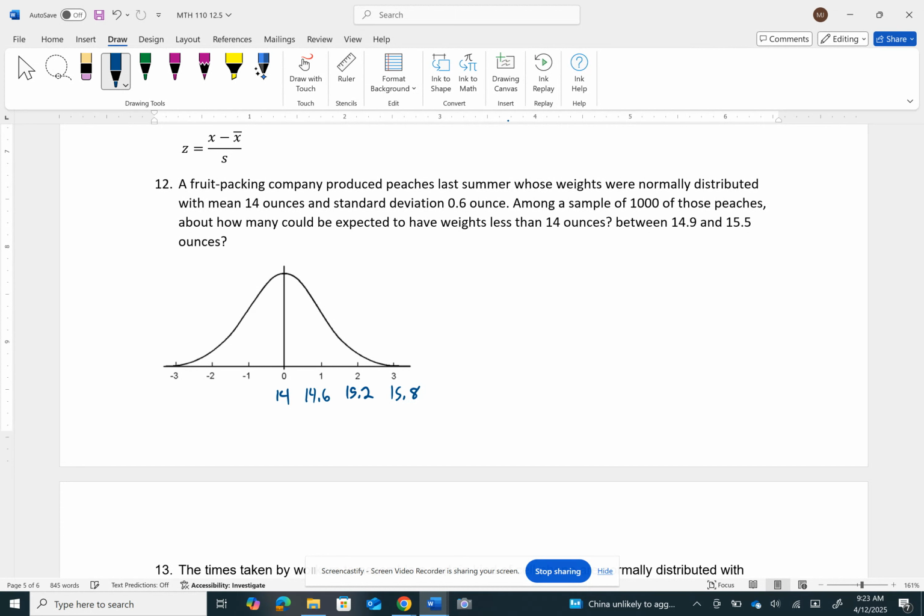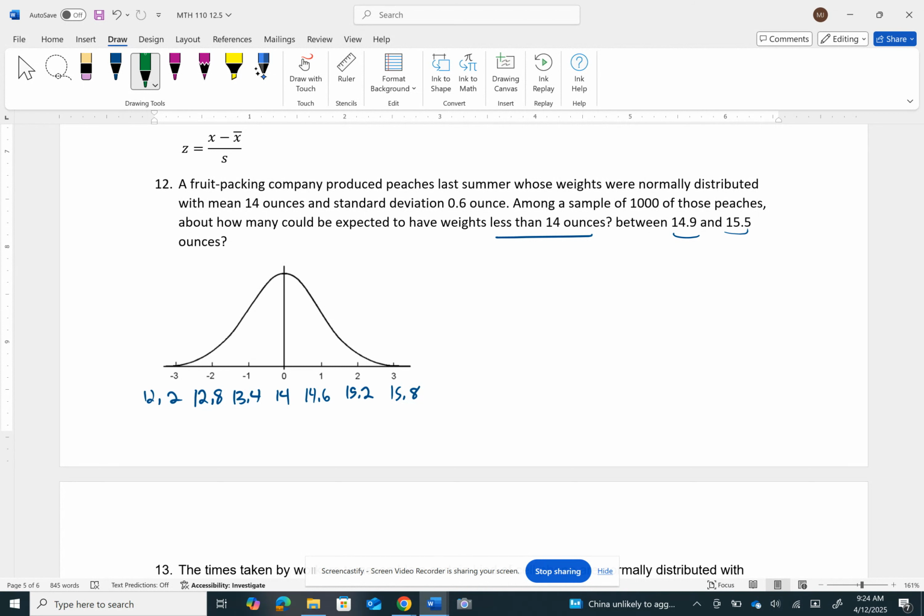But the thing is, now that we know how to use the table, what they're asking us for doesn't have to wind up being right at one of those standard deviation lines. So I could do that, and I could go in the other direction. I could subtract 0.6. And if I did that, I could label those. So I have a sense of where we're talking about. So the first question is, how many of the peaches could we expect in our sample to have weights that are less than 14 ounces?